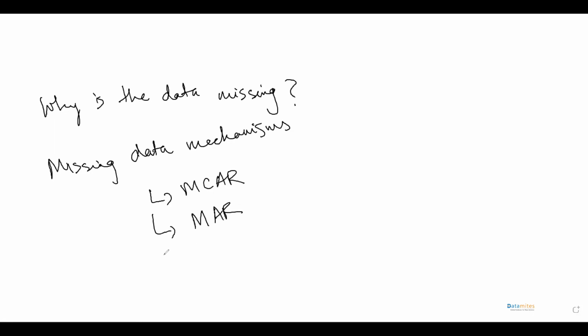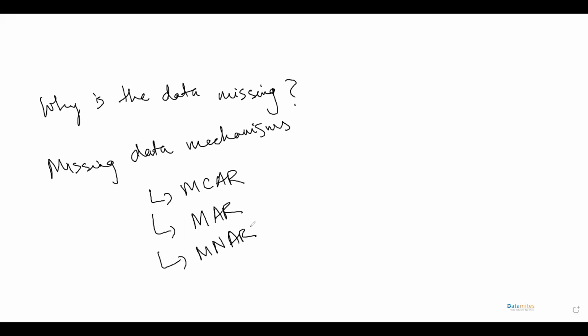The third mechanism is missing not at random. If there is a mechanism or a reason why data is missing, then that data is missing not at random. For example, if we are trying to find out if a person is going through depression or not, let's say we have a survey of a lot of people.